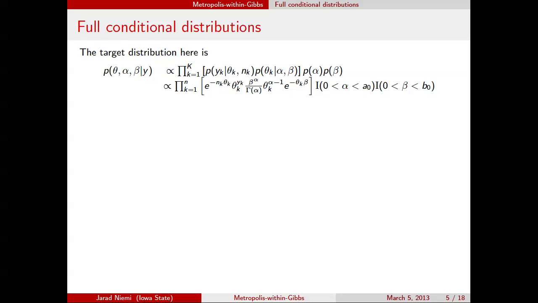In particular, the first term should look like the probability mass function for a Poisson with an observation y_k and a parameter n_k theta_k. You'll notice that there's no y_k factorial in the denominator, because y_k doesn't have a theta, alpha, or beta in it, so that just gets swept up into the proportionality constant.